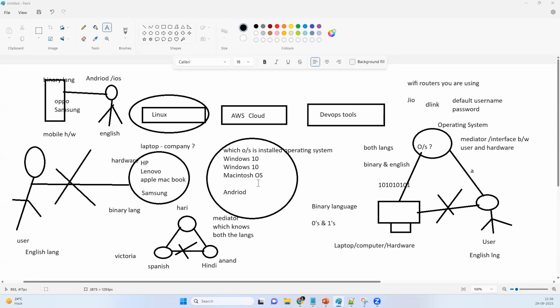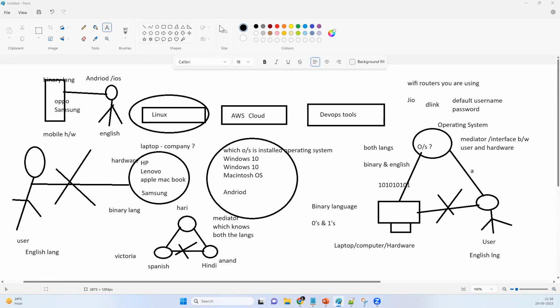Guys, now you understand, right? What is OS? Guys, tell me, everyone. What is OS? It is a mediator or interface between the user and hardware. Yeah, very good. So, Victoria, what is OS?